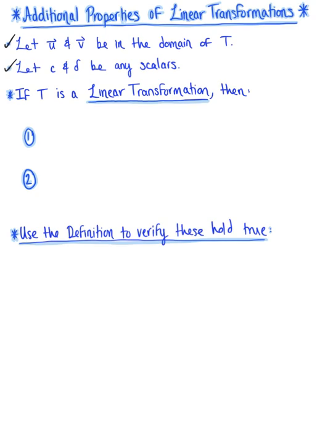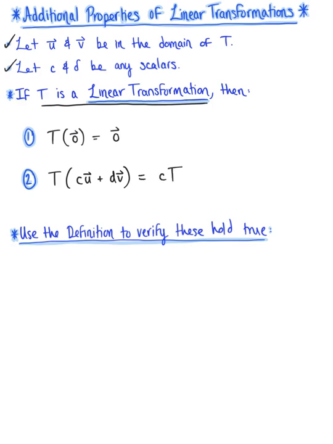Then, if T is a linear transformation, we can conclude that the image of the 0 vector under the action of T is equal to the 0 vector. The second property is that the image of the linear combination of the scalar multiples c times vector u plus d times vector v under the action of T is equal to the sum of the scalar multiples of those images.